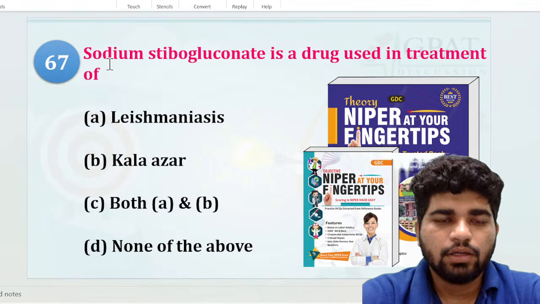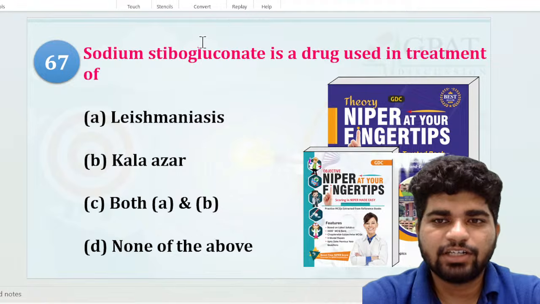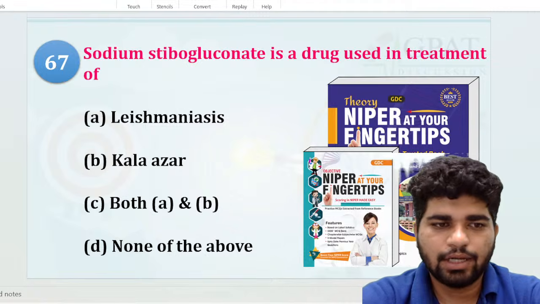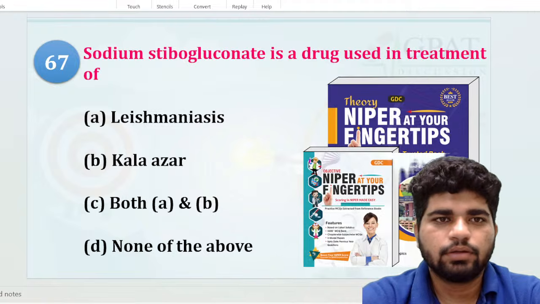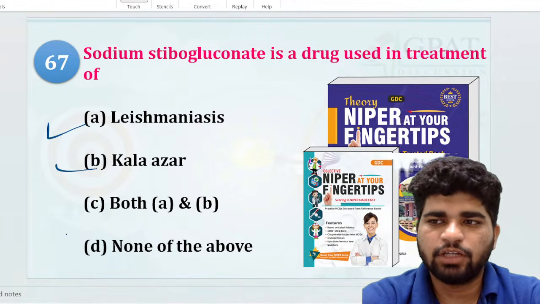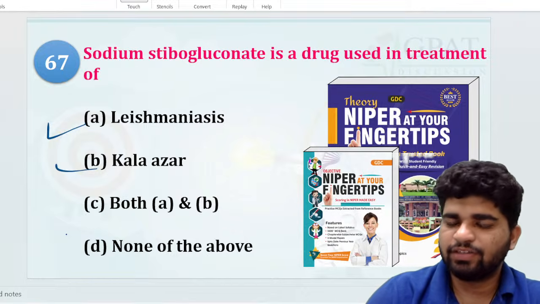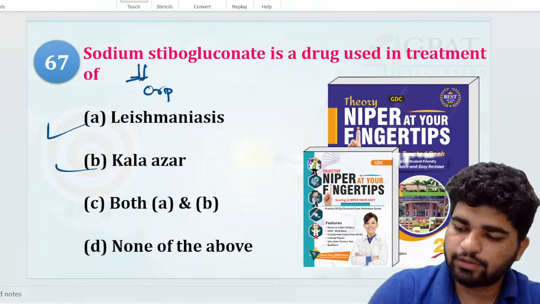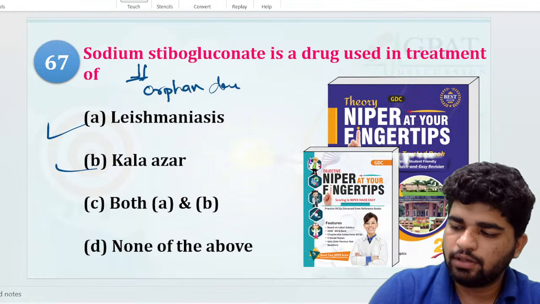Now, sodium stibogluconate is a drug of choice used in the treatment of leishmaniasis, Kala-Azar, both A and B, or none of the above. Obviously, sodium stibogluconate is also an orphan drug.